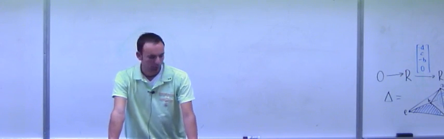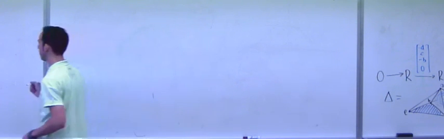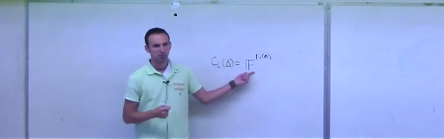So for example, we defined Ci of delta to be a field to the faces of delta, but we could have defined it to, instead of having a field here, we could define this to be the integers or any other abelian group.